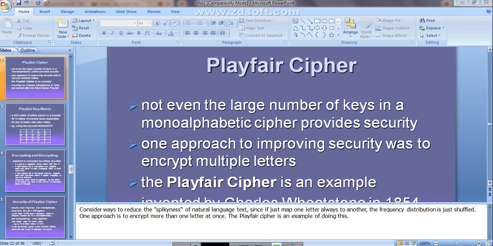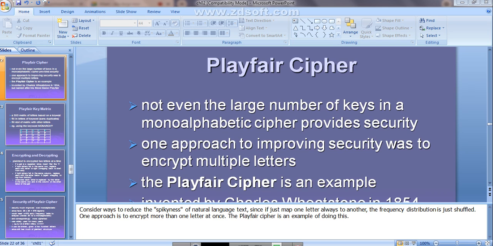Playfair, how it works? It is somewhat more secure compared to the monoalphabetic cipher. It is the best well-known multiple letter encryption cipher, right? Multiple letter means here you are going to replace multiple letters with other letters.